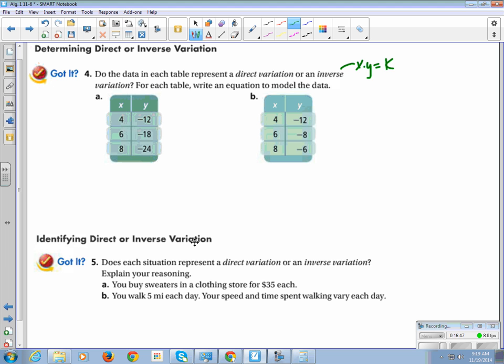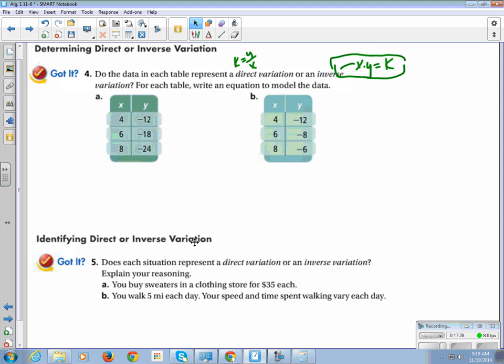And direct variation is k is equal to y over x. So direct variation, our k value, we should get the same, when we divide the y and the x, we should get the same value each time. I'm going to test for inverse first, because I find multiplication a whole lot easier than division.